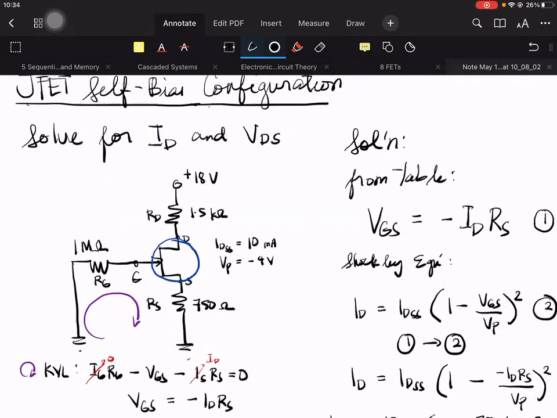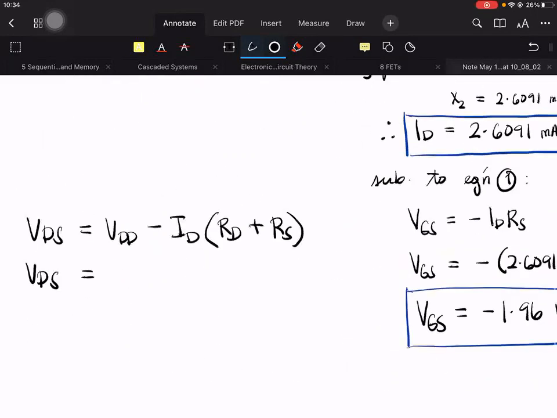VDD is 18 minus ID, which is 2.6091 milli, times RD, 1.5 kilo, plus RS, 750 ohms or 0.75 kilo, so that they can be added easily.